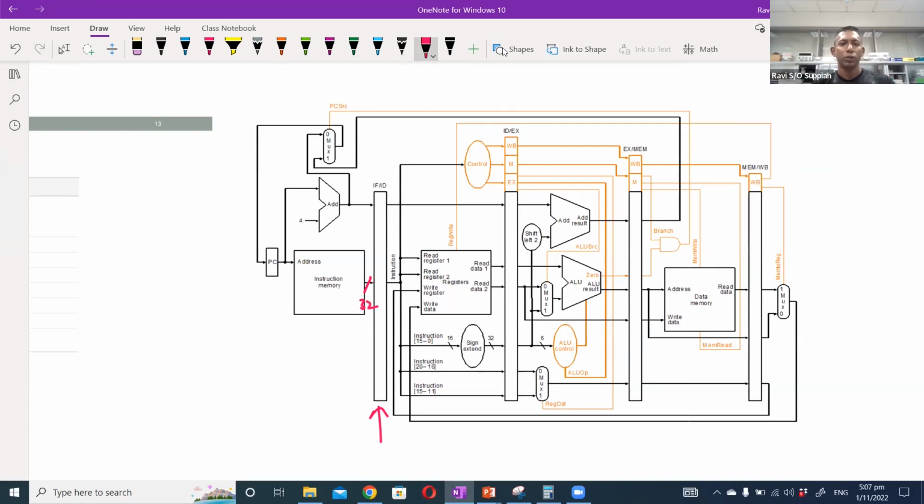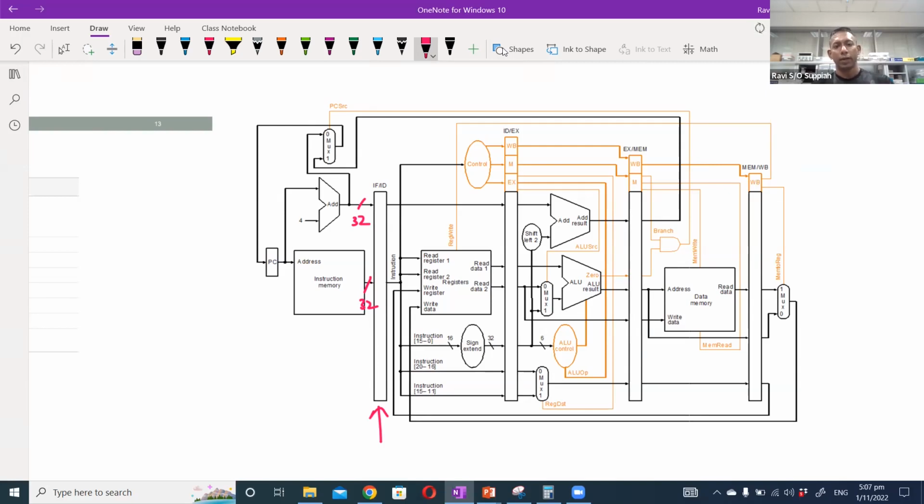Then I need to store this PC plus 4 value, which is also pointing to an address, which is 32 bit. So for this IFID register bank, I will need a total of 2 32-bit registers to store this in the pipeline.